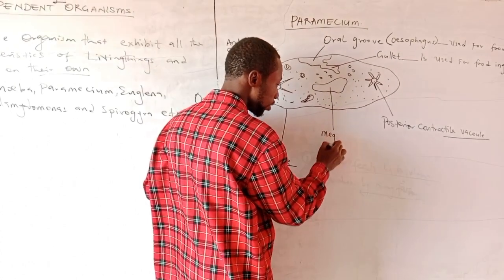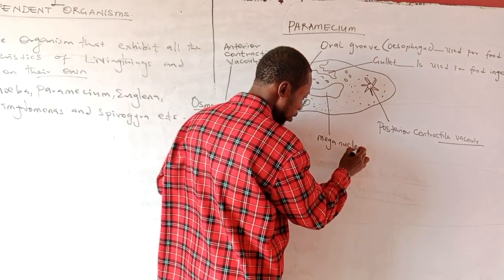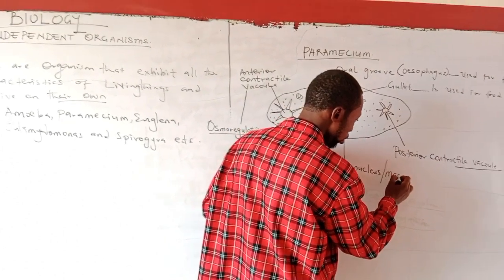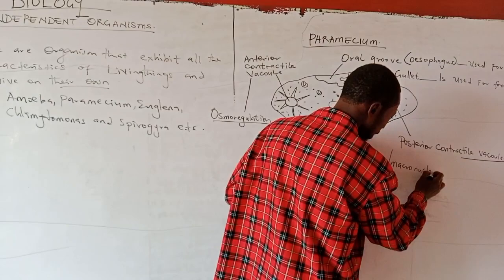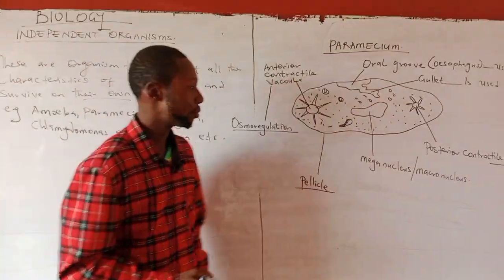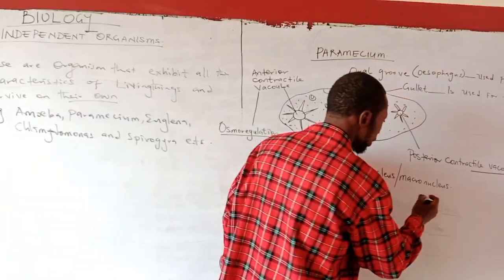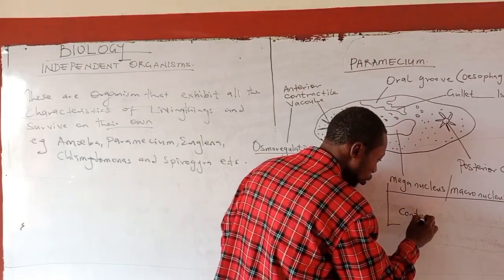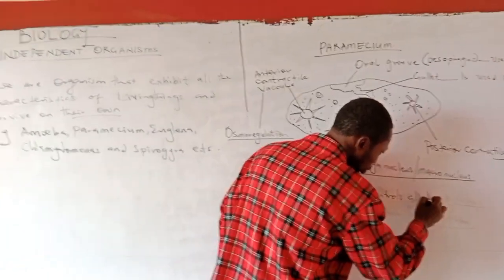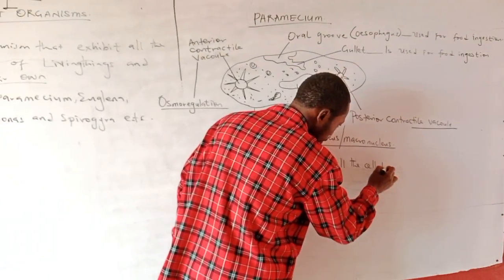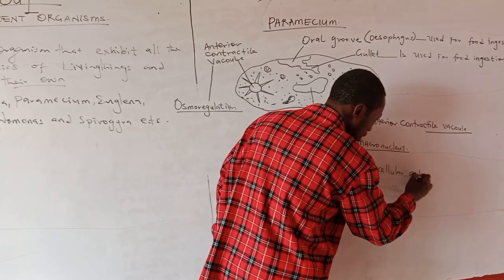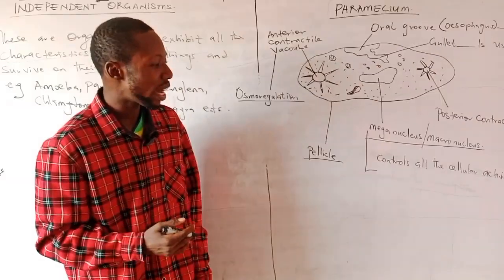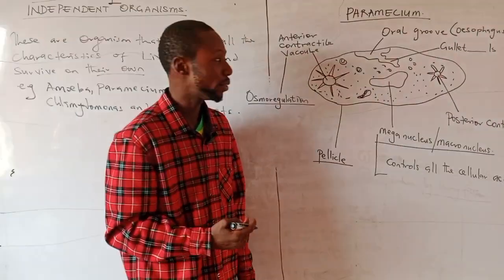Nucleus. Meganucleus, we can call it macro. We can call this guy the macronucleus. Okay? The macronucleus here, just as the nucleus in other cells, controls all the cellular activities of the cells.